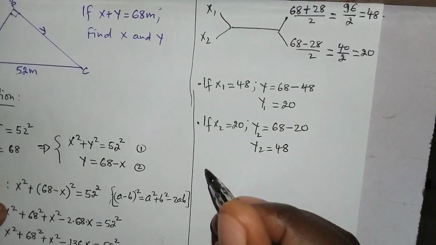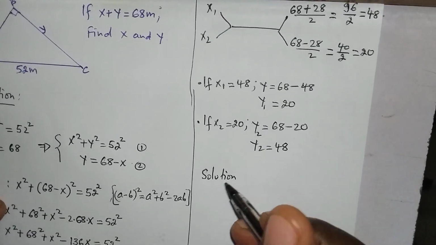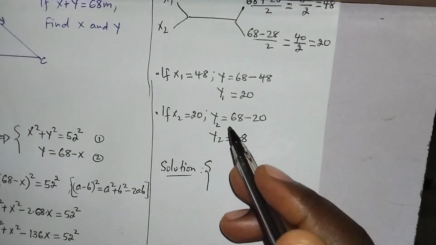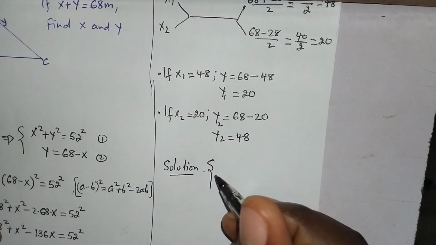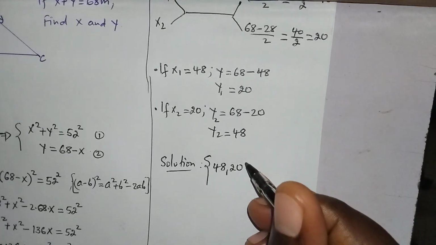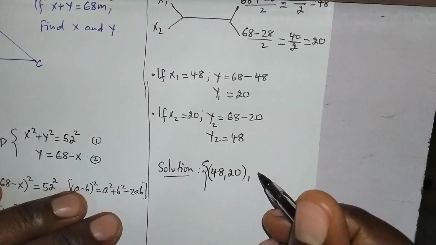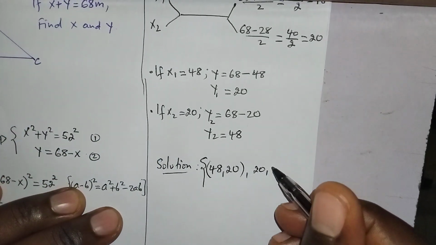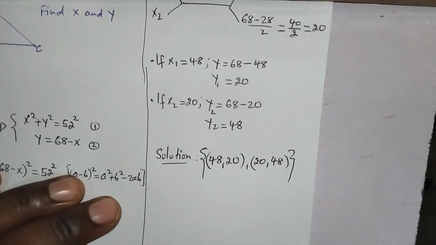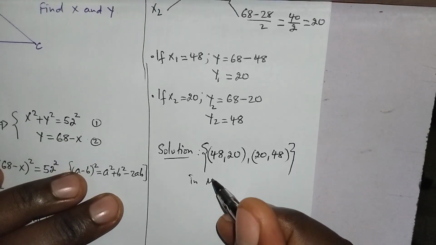So we have two solutions. Solution 1: if x is equal to 48, y is equal to 20. And if x is equal to 20, y is equal to 48. These are all in meters.